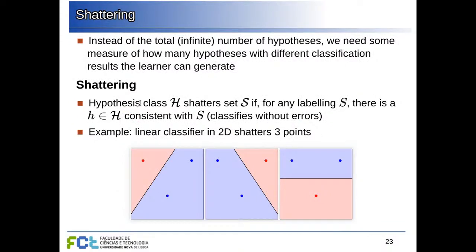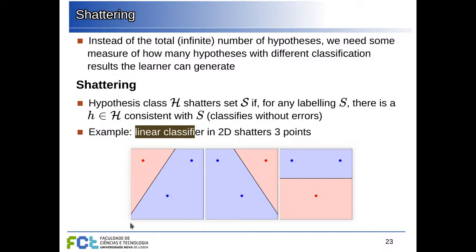One hypothesis class shatters a set of points S. So these are points that we fix somewhere. If for any combination of labels we assign to these points, we can always find at least one hypothesis in the hypothesis class that is consistent with that. For example, suppose that we have 3 points here in a triangle. The points can all be the same color, and if we have a linear classifier, it's trivial.